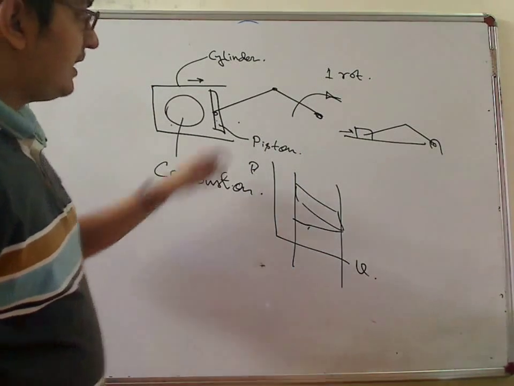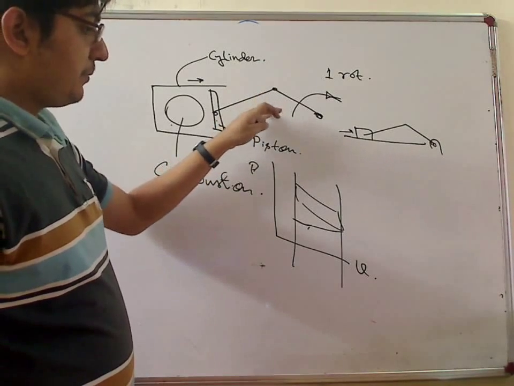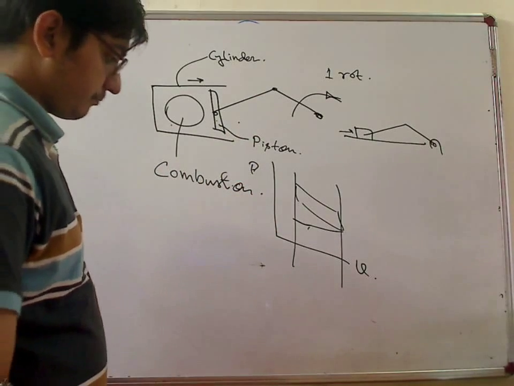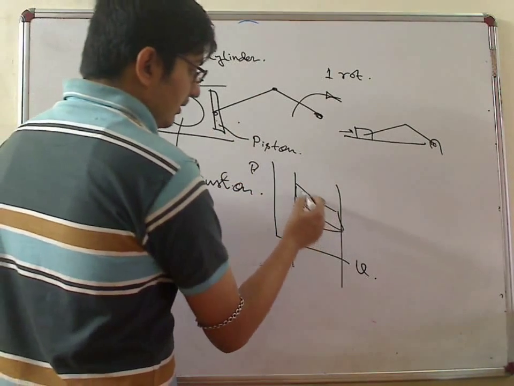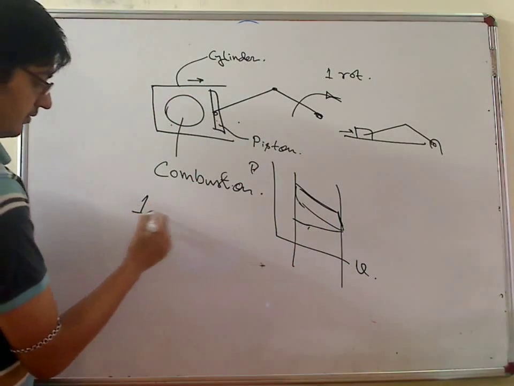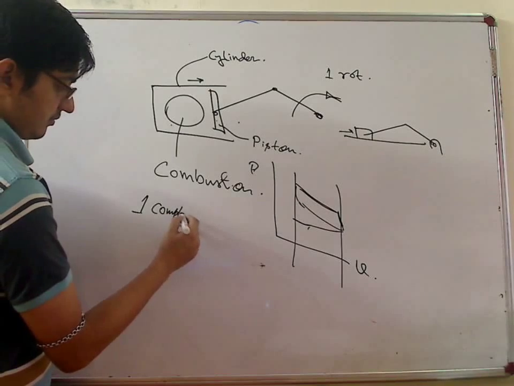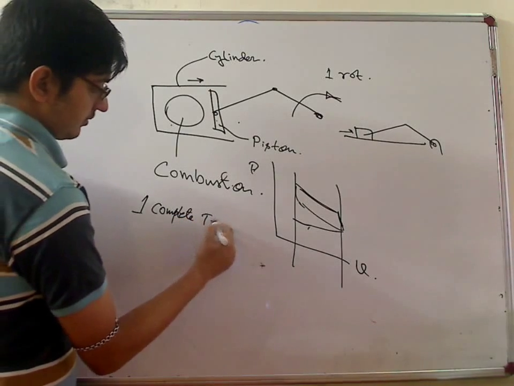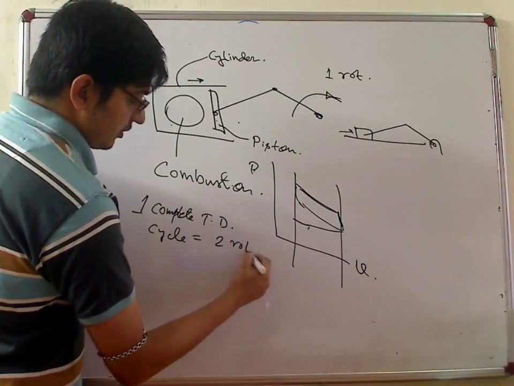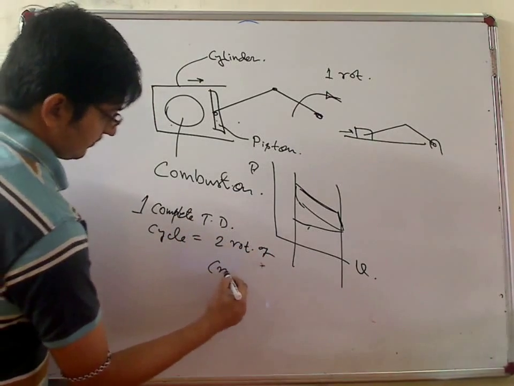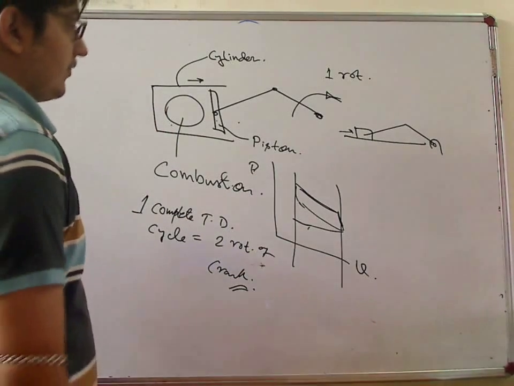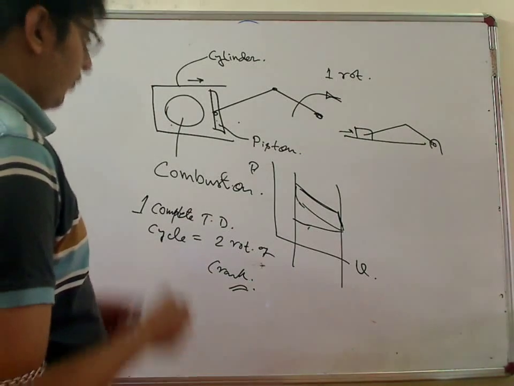So if one complete thermodynamic cycle requires 2 rotations of crank, 2 full rotations of crank, then it is known as 4-stroke engine.